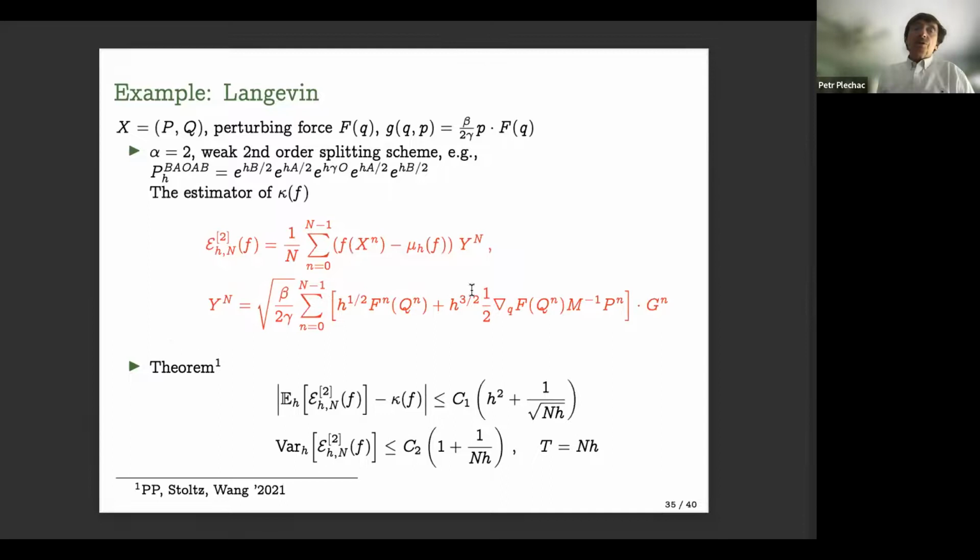But for the typical second order splitting scheme, which combines the three steps of the Langevin equation, the standard Verlet scheme for the Hamiltonian part and the Ornstein-Uhlenbeck process in the approximation of the thermostat process, we find that the reweighting process actually depends on the form of the perturbing field.